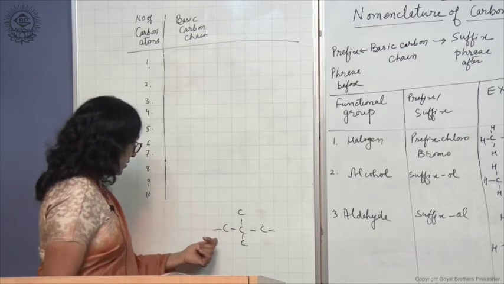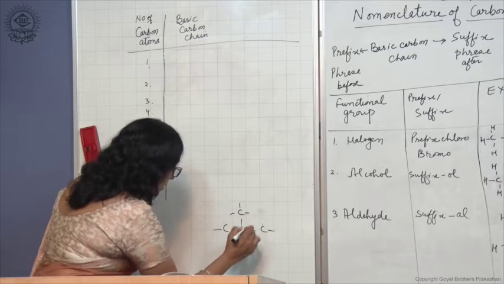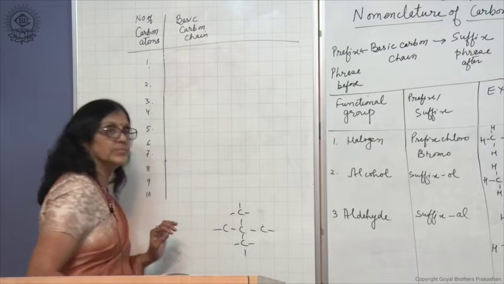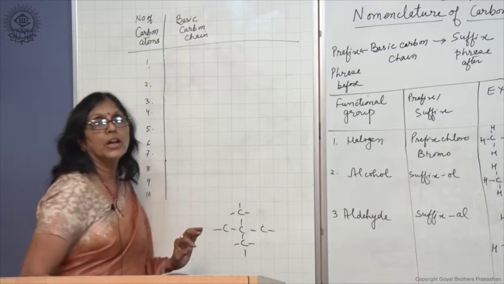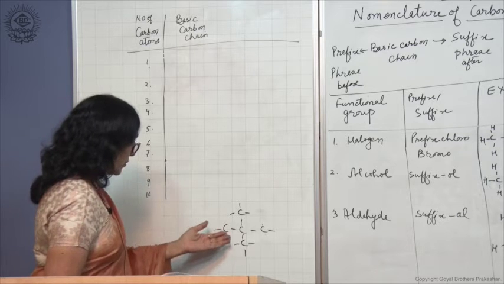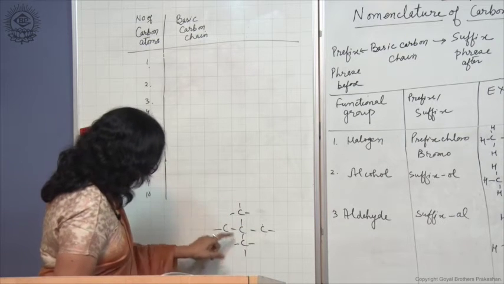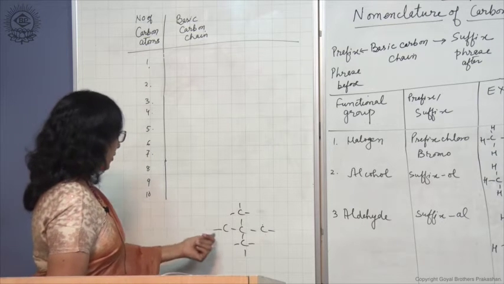So first of all, identify the longest straight chain of carbon atoms. Let us see this structure, which has a branched chain. You can see the longest straight chain has 3 carbon atoms. So, the basic carbon chain, this side also and this side also, has 3 carbon atoms.